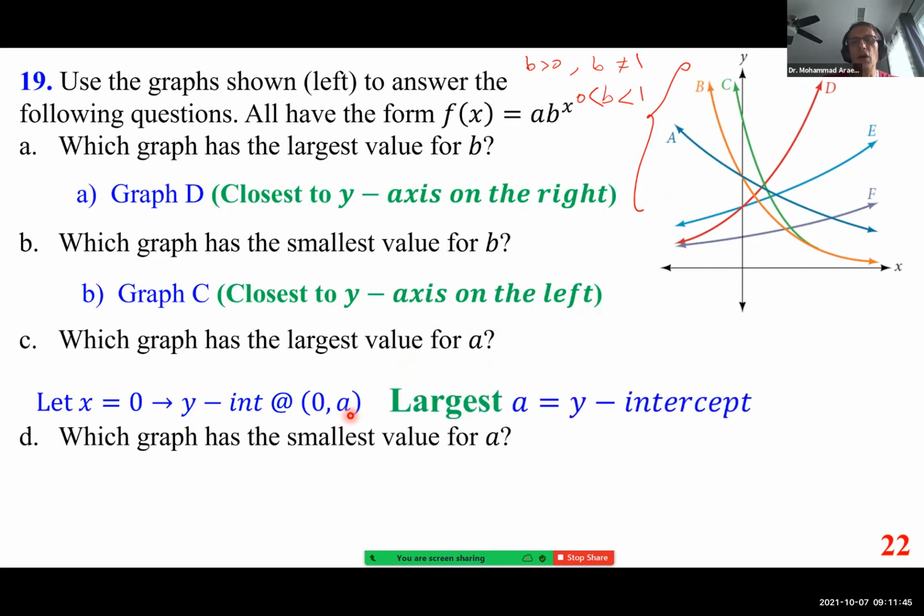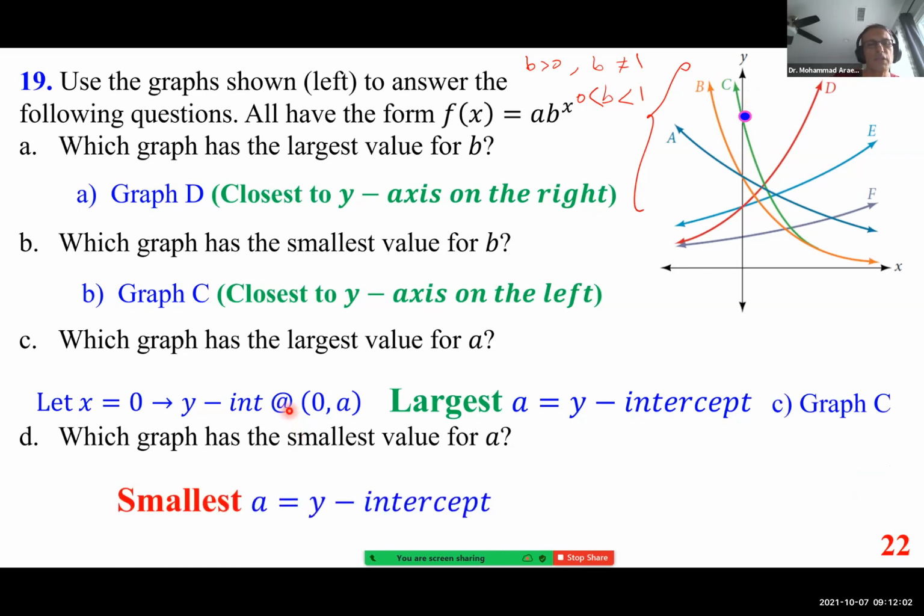Therefore, the largest a means the largest y-intercept. Look at which one has the largest y-intercept. Clearly, the answer is C. On the other hand, the same thing again, this represents the y-intercept. The smallest one would be what? This one. This one has the smallest value, the graph f.